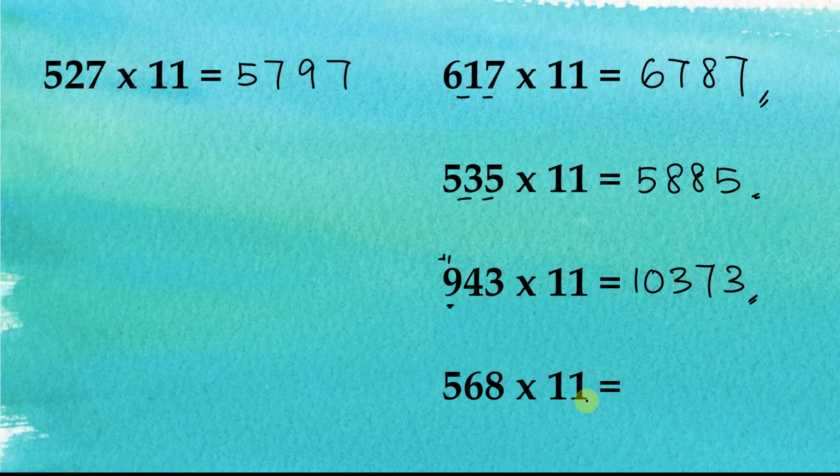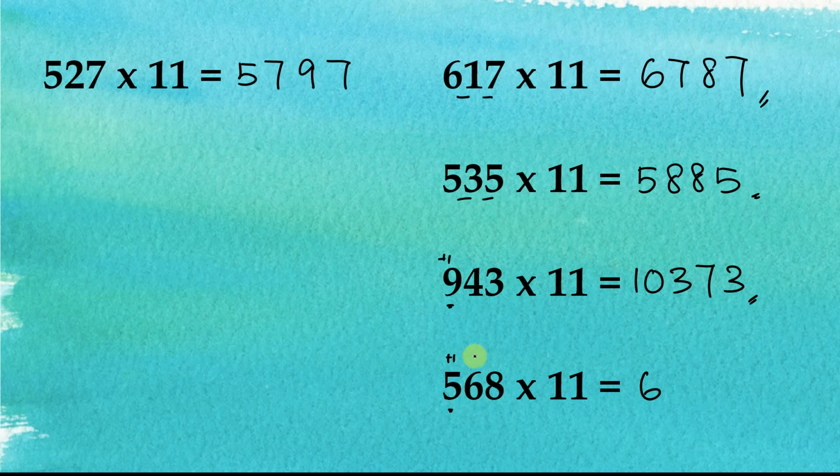568 multiplied by 11. Okay, so the first digit is supposed to be 5, but the sum of the first two digits is more than 9, so we write 6, because we need to plus 1 if the sum is more than 9. Okay, the second digit, 6 and 5, we have 11.